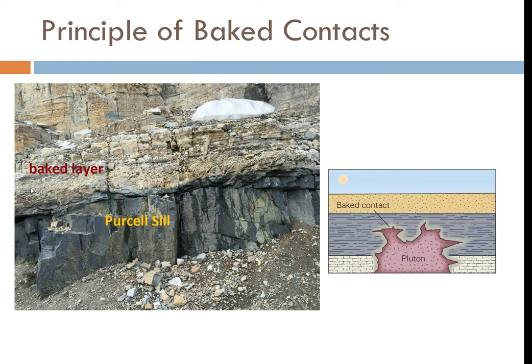And now it's turned into a type of metamorphic rock versus what looks like more sedimentary rock right on top. So the baked contact tells you that to be heated up, these rocks had to be here first. So the baked contact bakes older rocks thanks to the younger plutons.